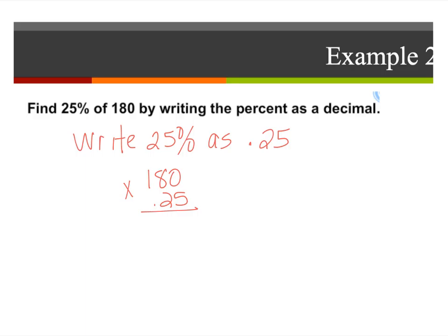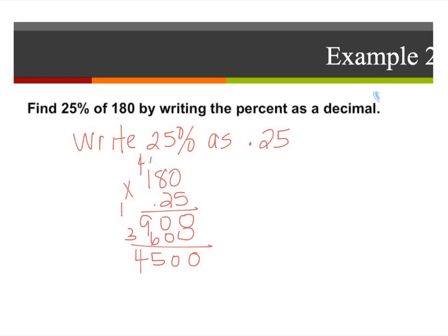So we can go 5 times 0 is 0. 5 times 8 is 40. Carry the 4. 5 times 1 is 5, plus 4 is 9. We put our 0. 2 times 0 is 0. 2 times 8 is 16. Carry the 1. 2 times 1 is 2, plus 1 is 3. So if I add this up, I get 0, 0, 9 plus 6 is 15.